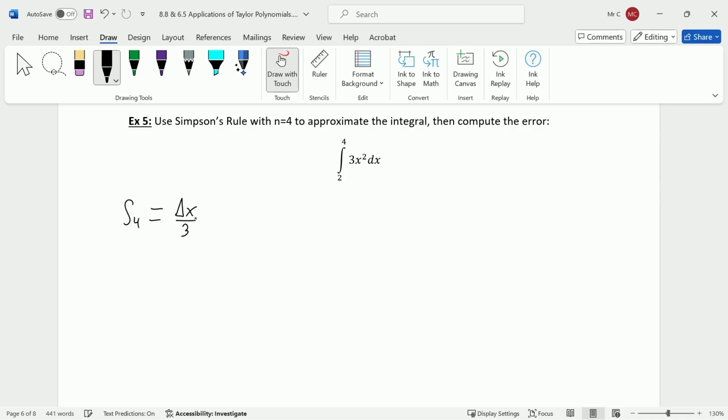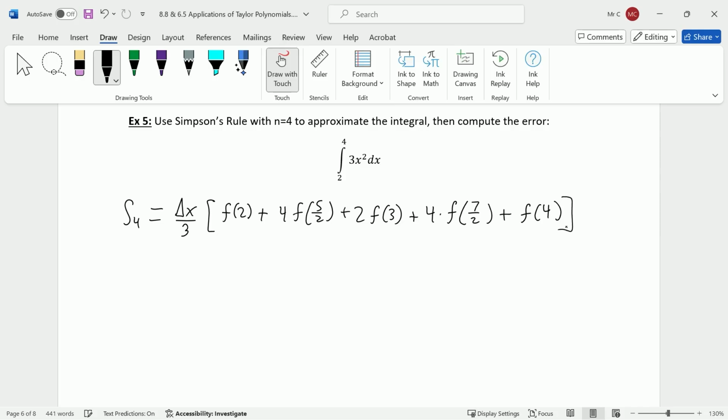Now I already computed delta x and I already computed all the points for the interval, so I'm not going to rewrite all that here. f of 2 plus 4 f of 5 halves, plus 2 f of 3, plus 4 times f of 7 halves, plus f of 4, my last term.